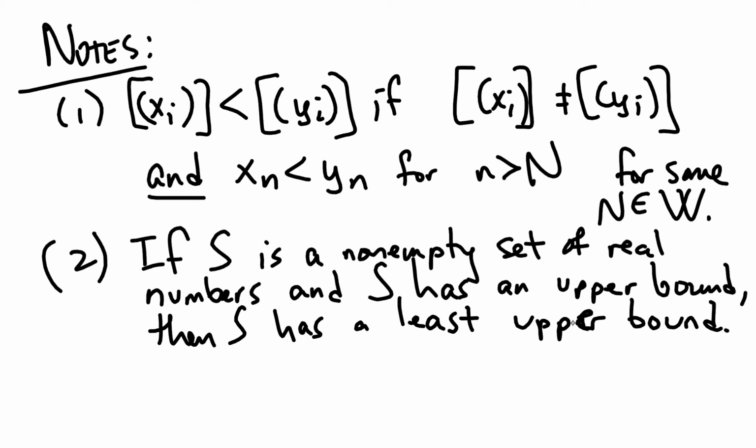It's a property that you visit and revisit in Math 324 real analysis. If you have a non-empty set of real numbers and that set is bounded above, meaning that there is a number that is greater than all of the numbers in your set, then S has a least upper bound. Greater than or equal, yes. If you have a number that is greater than or equal to all of the numbers in your set, then there is a least upper bound.